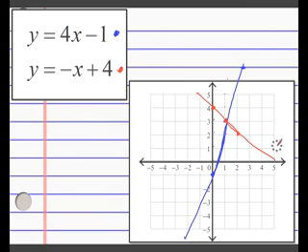And even though my lines aren't the greatest, we can tell that they intersect at this point right here, which would be 1, 3. So that's the solution for this system of equations.